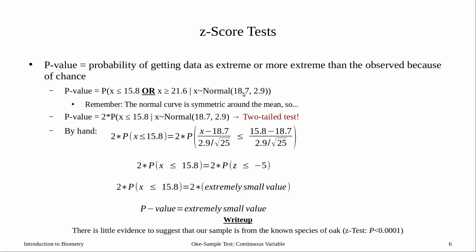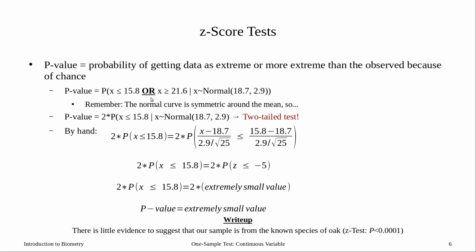Well, if I figure out how far I am between 18.7 and 15.8, then I take that difference, and that's 21.6. So I can pull out my calculator and do 18.7 minus 15.8, and I get a value of 2.9. So 21.6 is 2.9 units above our population mean.